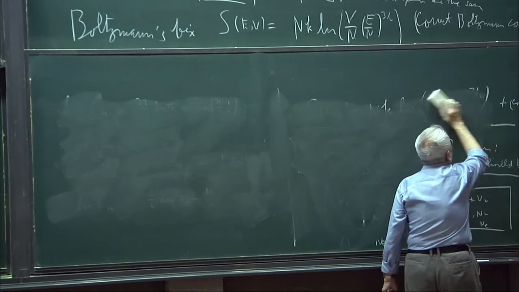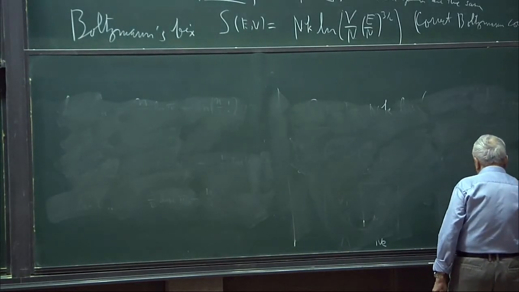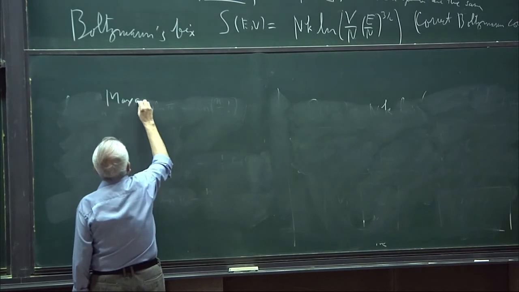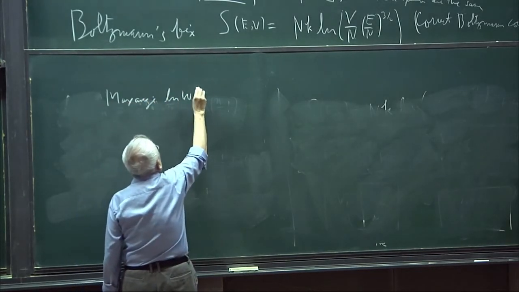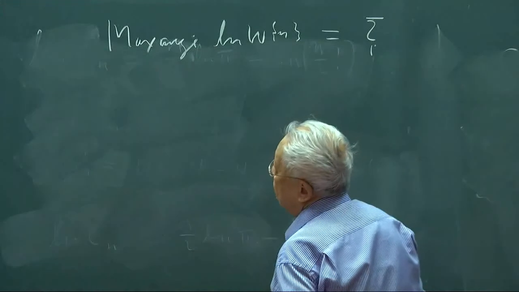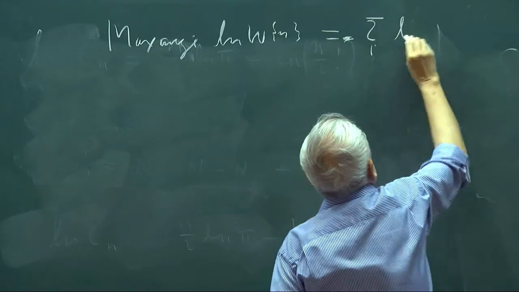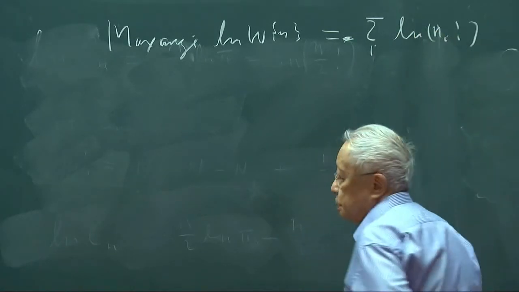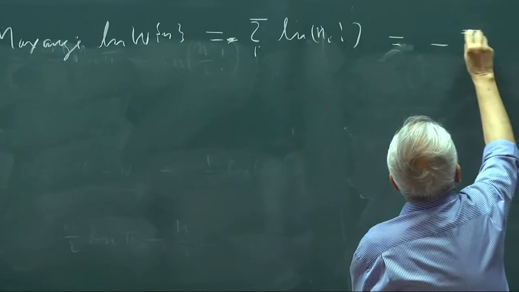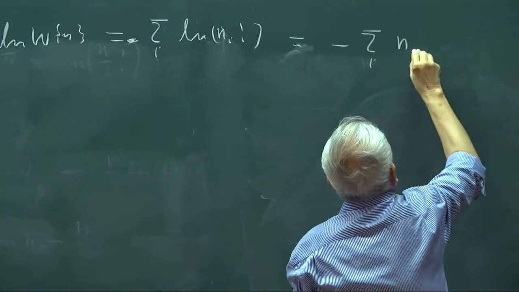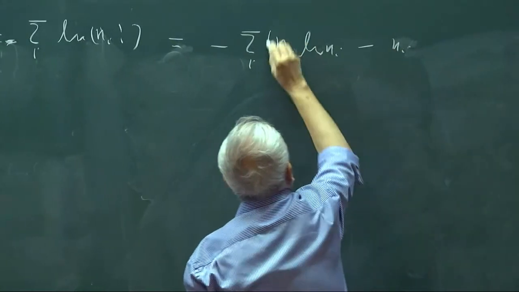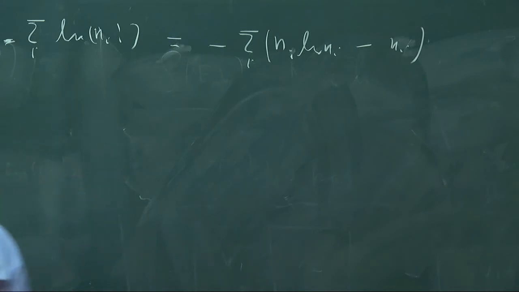Now, since maximizing the log of W is the same as maximizing W, we just maximize log W, which is equal to the summation over i of minus log N_i factorial, which is equal to, using the Stirling approximation, minus the summation over all the cells of N_i log N_i minus N_i, plus N. Is it plus or minus?